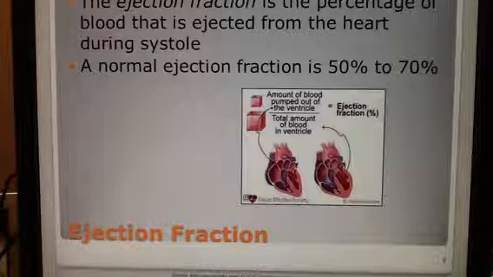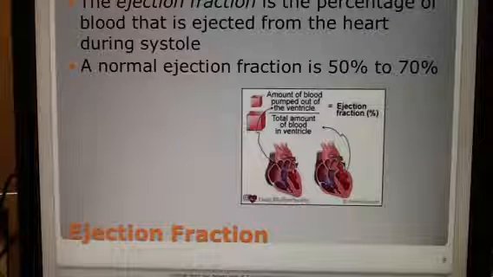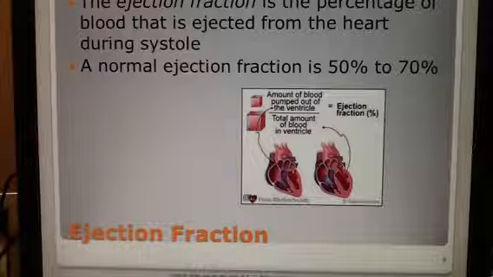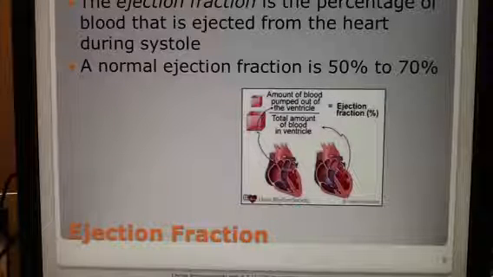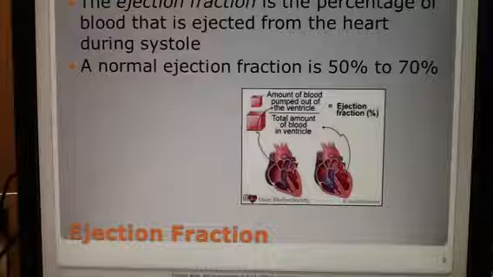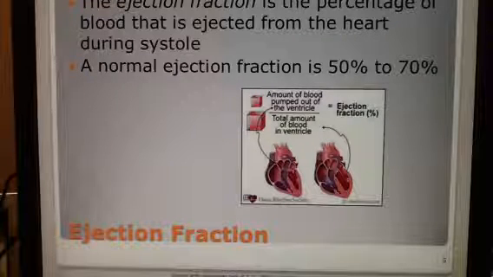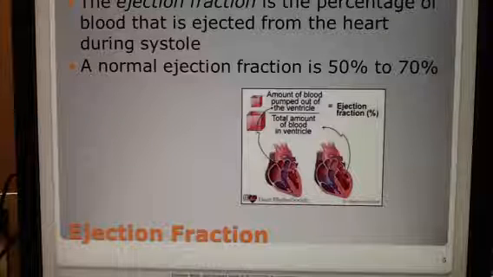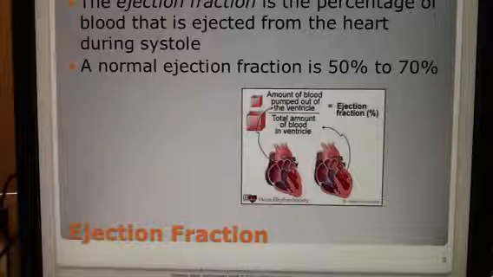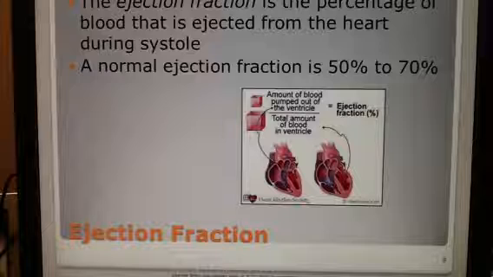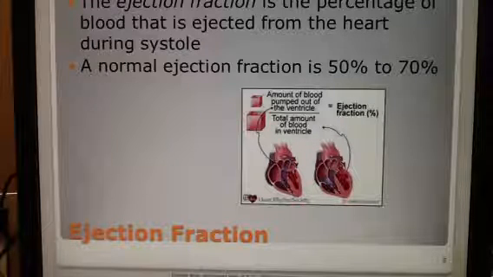The ejection fraction is the percentage of the blood that is ejected from the heart during contraction or during systole. The ventricle does not pump all of the blood out of the heart. Instead, it pumps out a certain amount, a certain milliliter or a fraction of it.